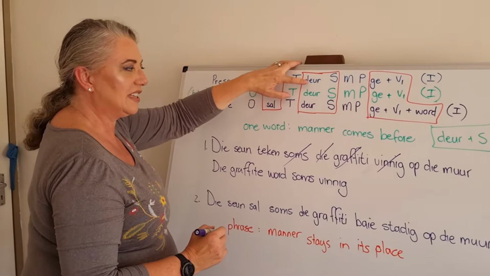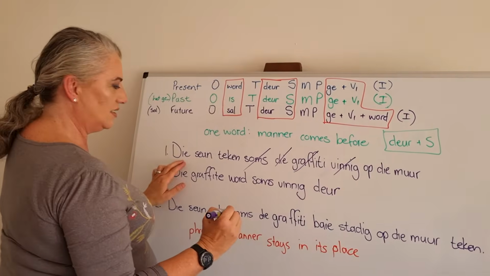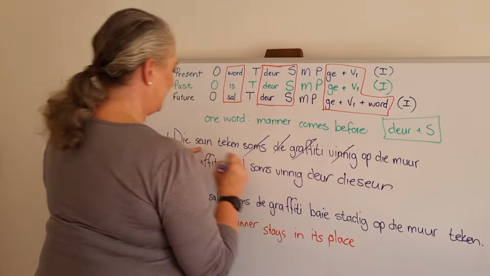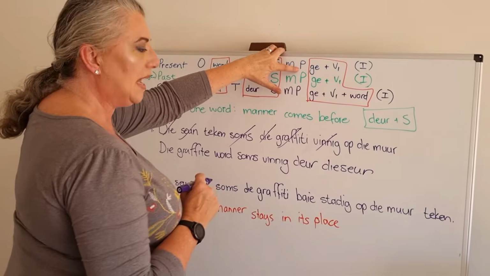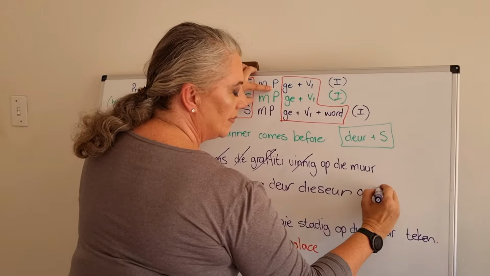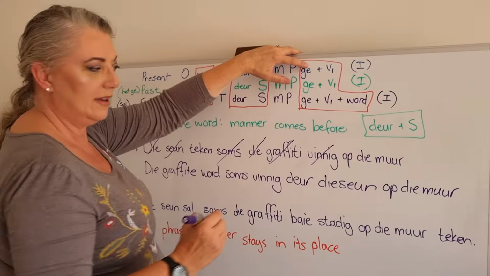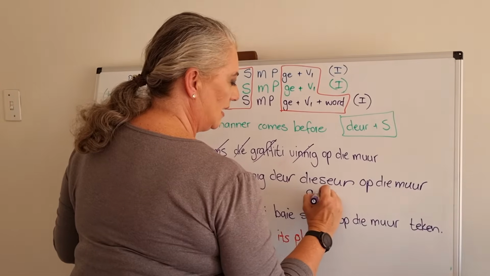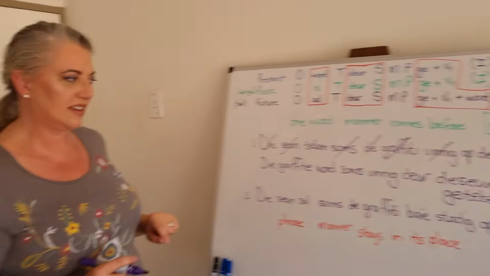Okay, what comes next? Deur. The subject, die seun. We have done manner now. Place comes in next. Op die muur. And remember, ge plus the verb, what is left? Teken. Ge teken. And there you have your correct sentence.